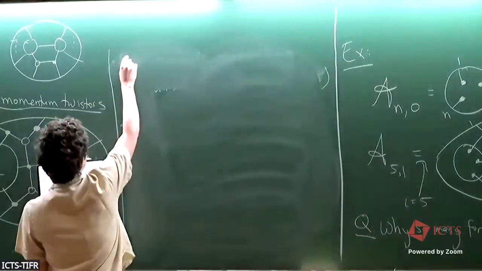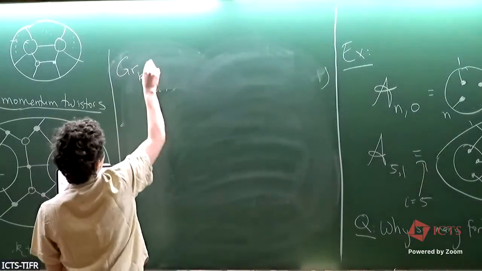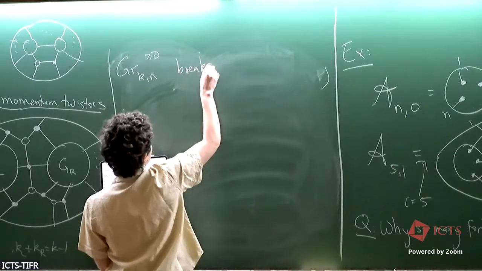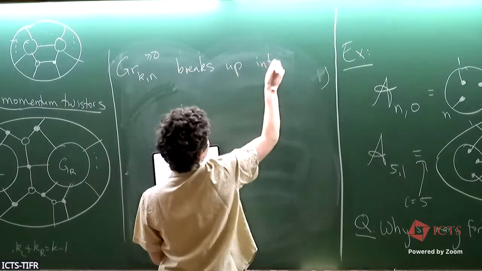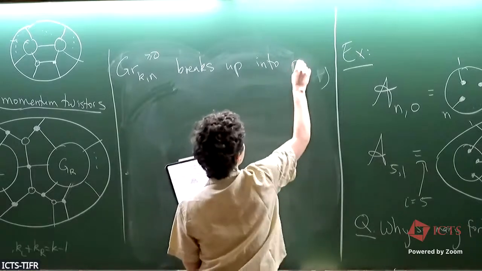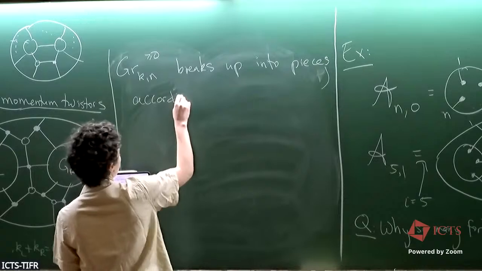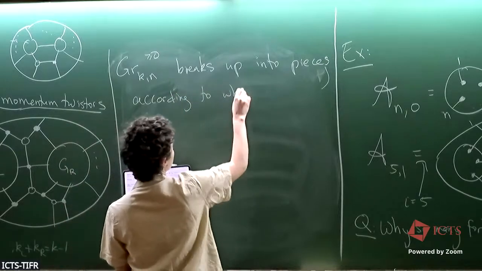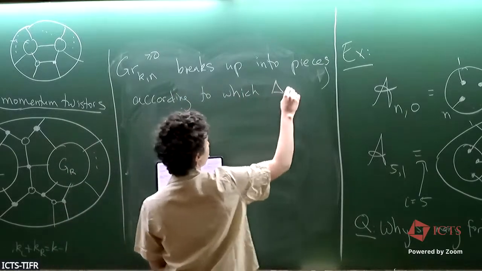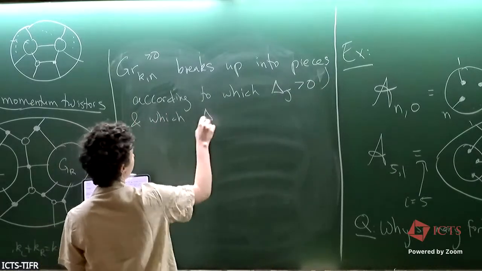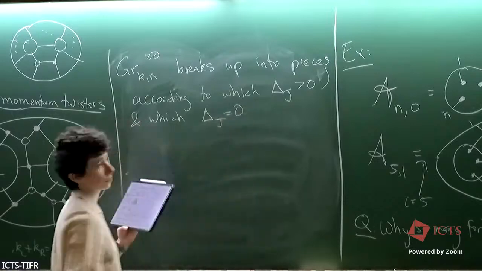So the totally non-negative Grassmannian breaks up into pieces according to which Plücker coordinates are positive and which Plücker coordinates are 0.